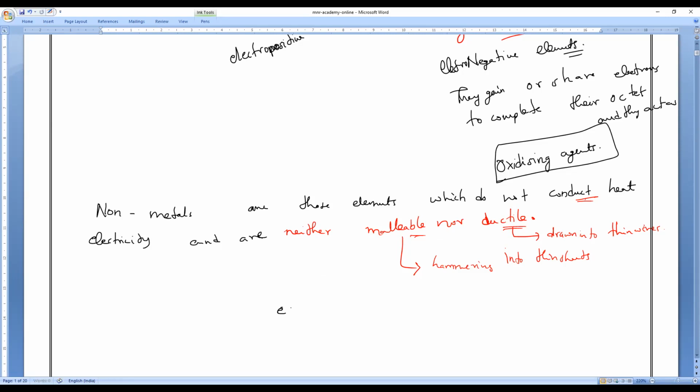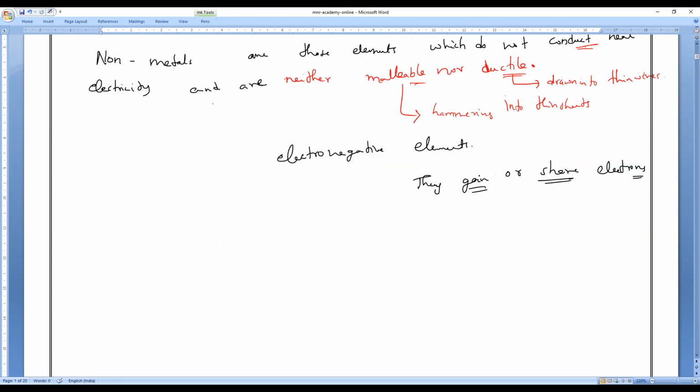They are electronegative elements. So they will gain or share the electrons to satisfy the octet rule.